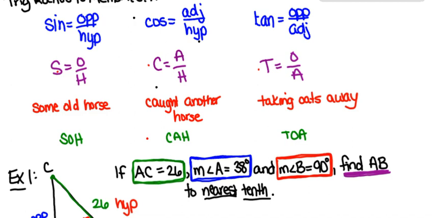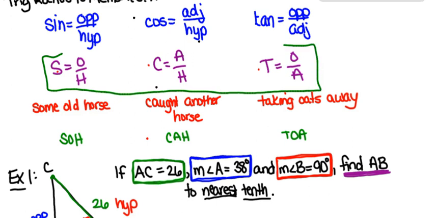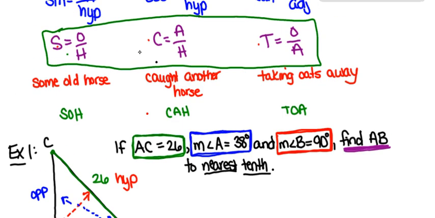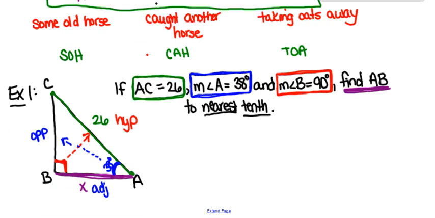And sometimes what I've noticed kids will do in the past that they sometimes find very helpful is they'll take these and write them down on a little sticky note, and then they'll move their sticky note from page to page as we work through the problems. But I need to look at the problem and figure out which one of these three trig ratios I'm going to be dealing with. And this is sometimes the hardest part of the whole thing.